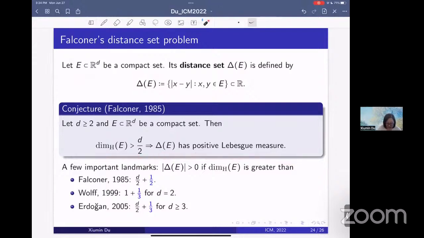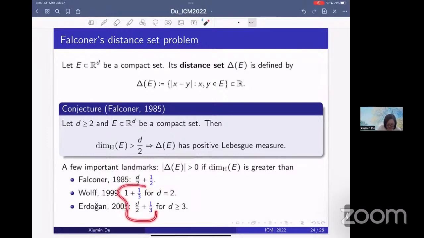Here are a few landmarks. Falconer himself proved that if the Hausdorff dimension of E is greater than d over 2 plus 1/2, then the distance set has positive measure. Since then, this dimensional threshold d over 2 plus 1/2 has been gradually lowered. It was lowered to d over 2 plus 1/3 by Wolff in dimension 2 and by Erdogan in dimension 3 and higher.